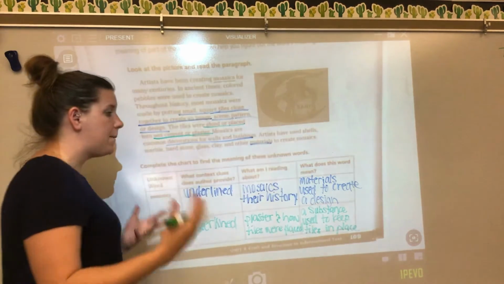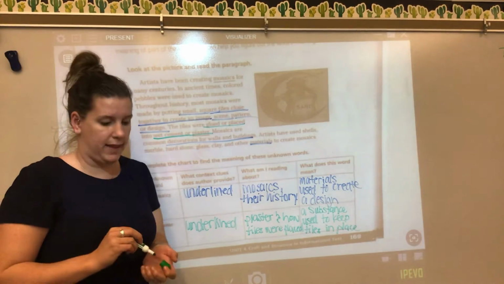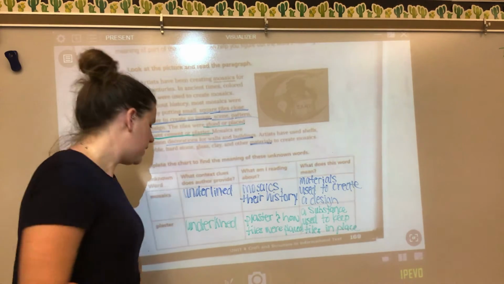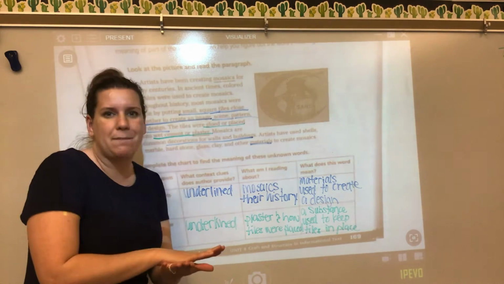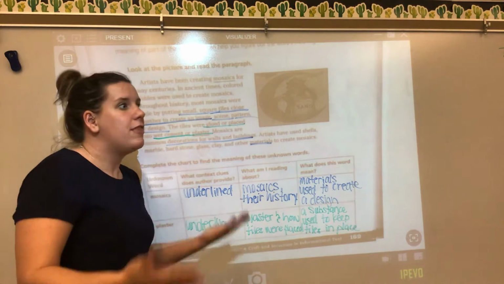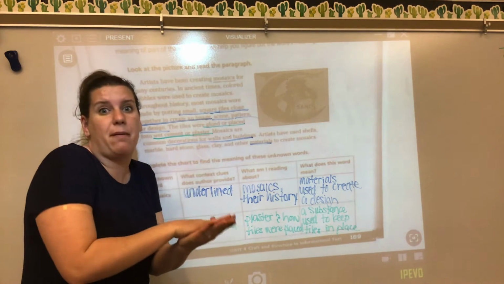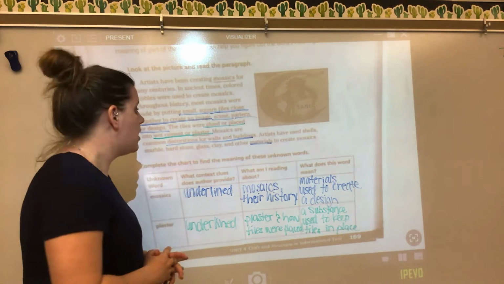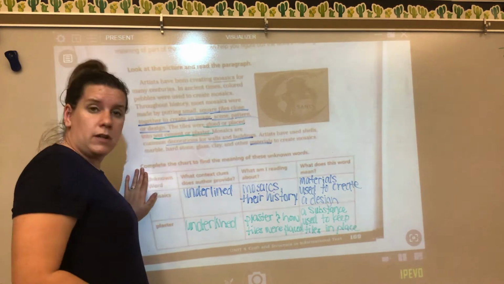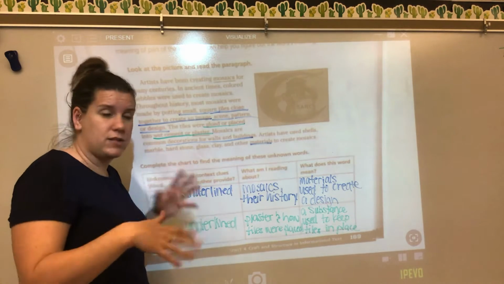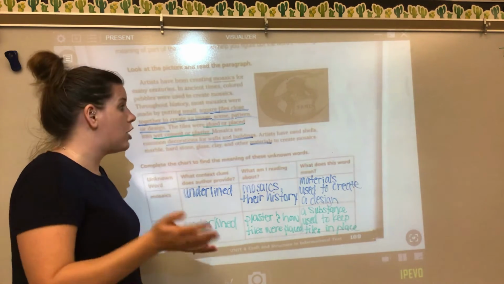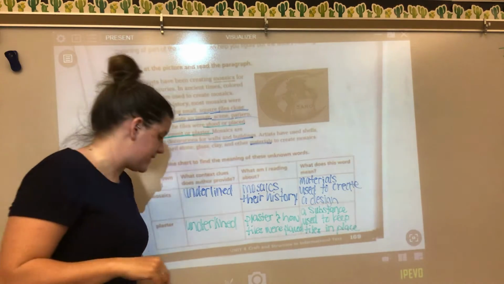I wrote that because it says they're glued, and I think that was a big keyword for me. When I glue something down or cement something down, I'm doing it to keep that object in place so it doesn't move around. Okay? So that's how we use context clues to figure out words that we're unsure of. So I'm going to erase this, and you can go ahead and flip to the next page.